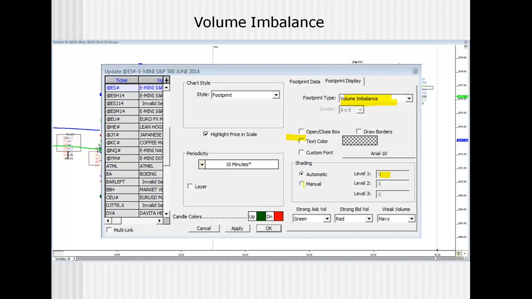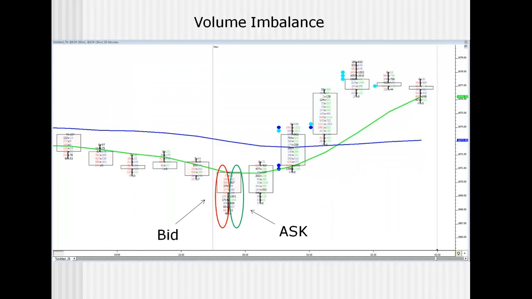We look at variations in percentages between the volume at the bid and the ask. However, this is something very important that I want to highlight for you. We do not look at it in terms of the same price level. We look at it diagonally. We know that all the prices on the left are the bid, the cumulative volume that transacted at the bid, and all the prices on the right are the cumulative transactions at the ask.